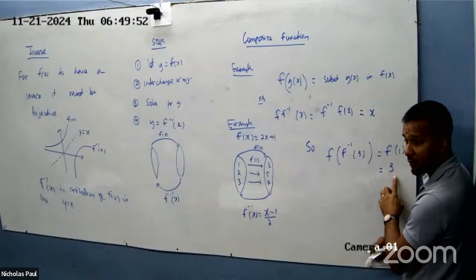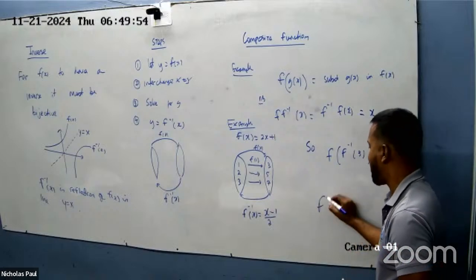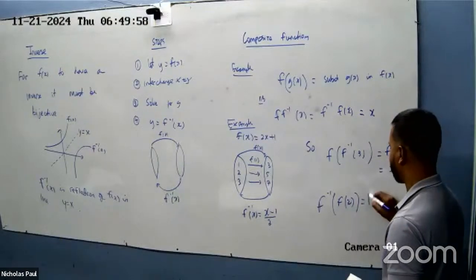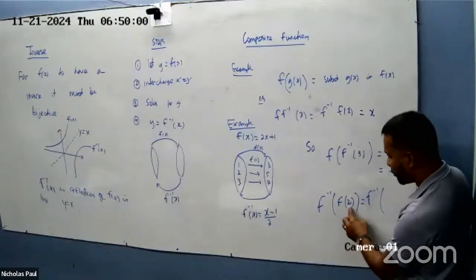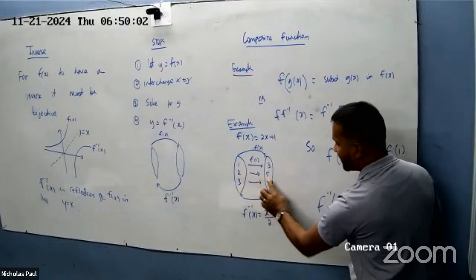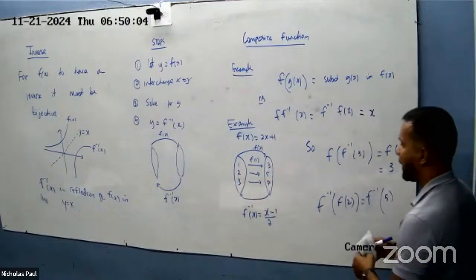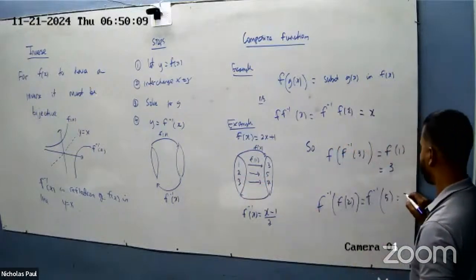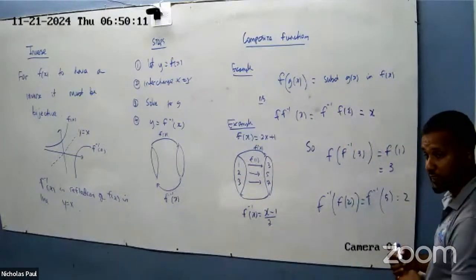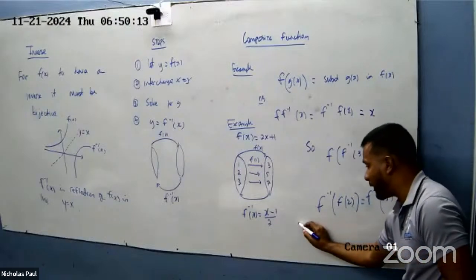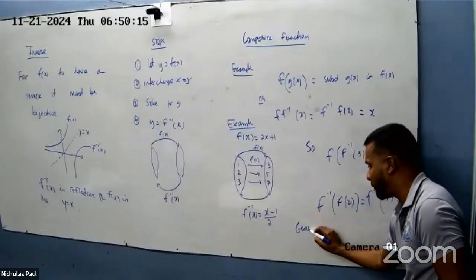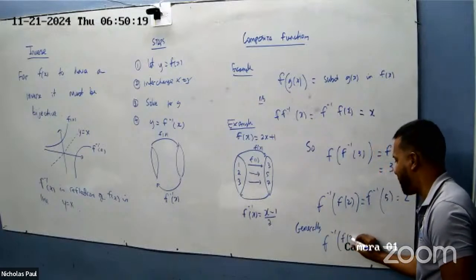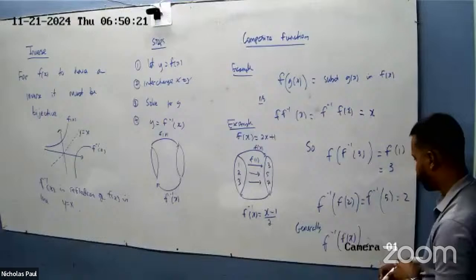That's okay? So if I have f inverse f of 2, what will I get? f of 2 is 5, and f inverse 5 is 2. So generally, you see the pattern: f inverse f of x gives me what?